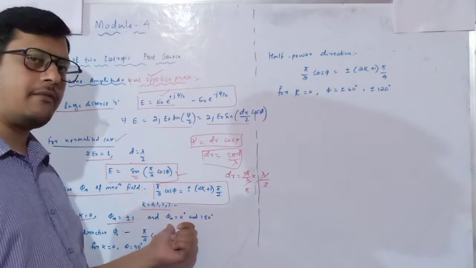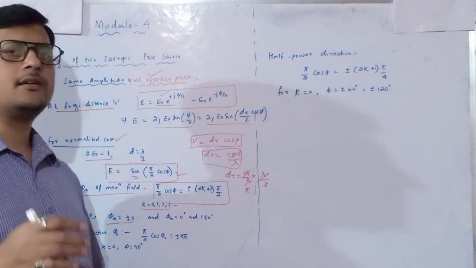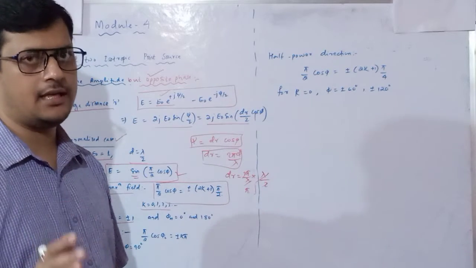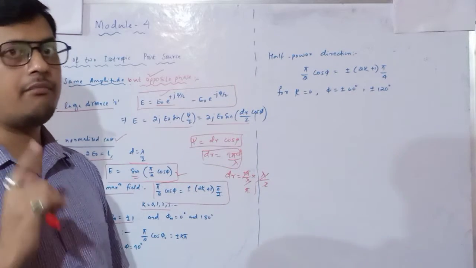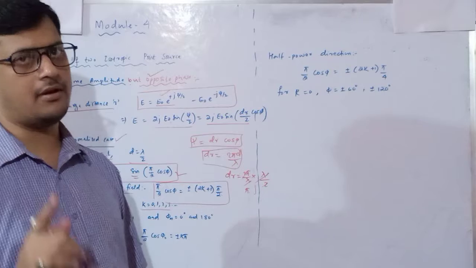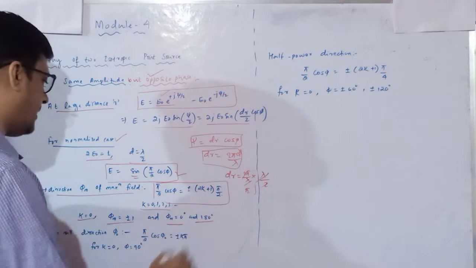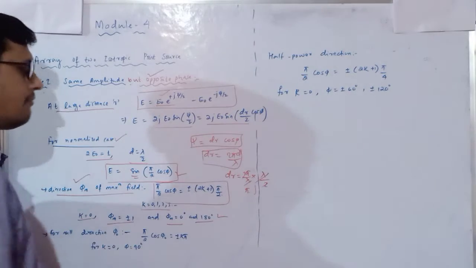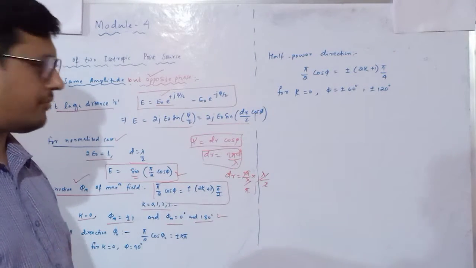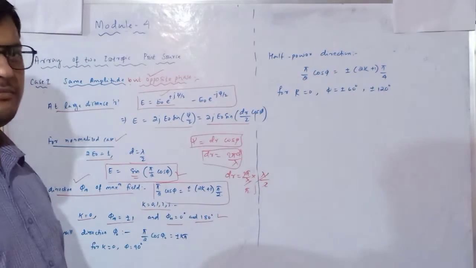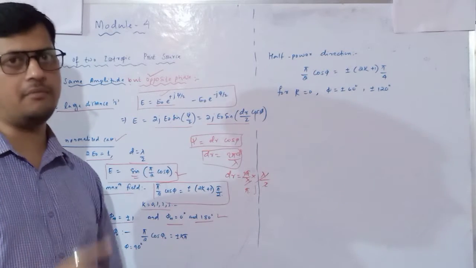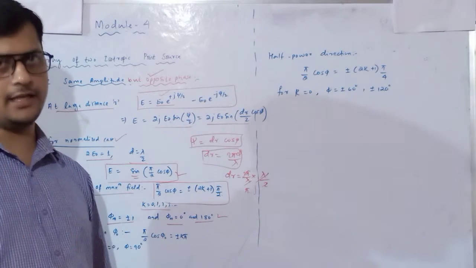When it is plus 1 and minus 1: if phi is 0 degree, cos of 0 is plus 1. If phi is 180 degree, cos of 180 degree is minus 1. So phi m is 0 and 180 degree, at which we will have the maximum field component. So the maximum field is available only in the direction of 0 and 180 degree.